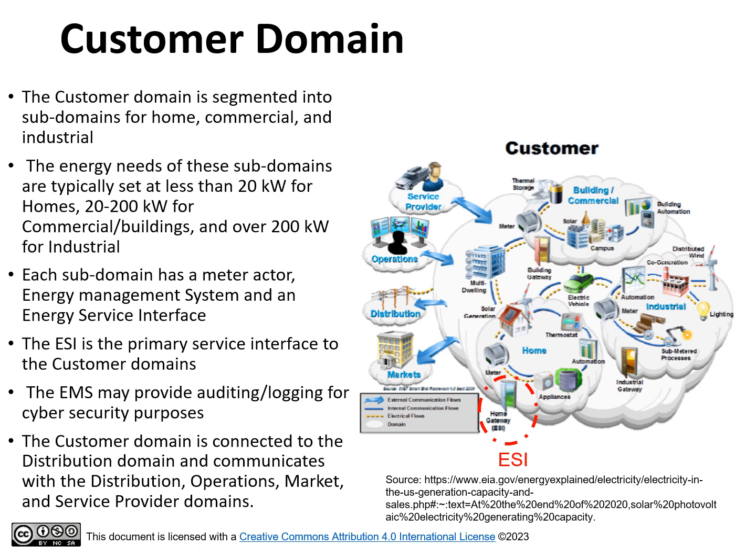The ESI is the primary service interface to the customer domains. It may communicate with other domains. The EMS may provide auditing and logging for cybersecurity purposes. The customer domain is electrically connected to the distribution domain. It communicates with the distribution, operations, market, and service provider domains.